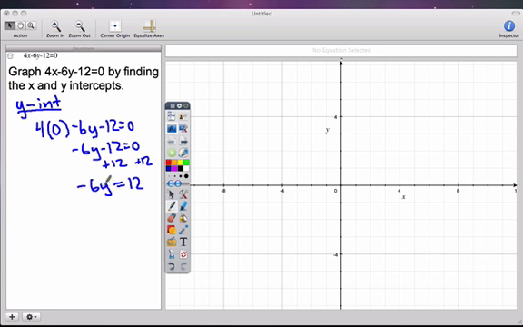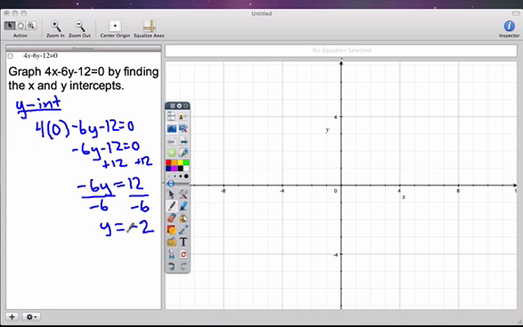And we're still looking to get our y all alone here, so we need to get rid of this -6, and we do that by dividing by -6. So we'll divide by -6 on this side, and we'll divide by -6 on this side. We'll be left with y over here, and 12 divided by -6 is -2.